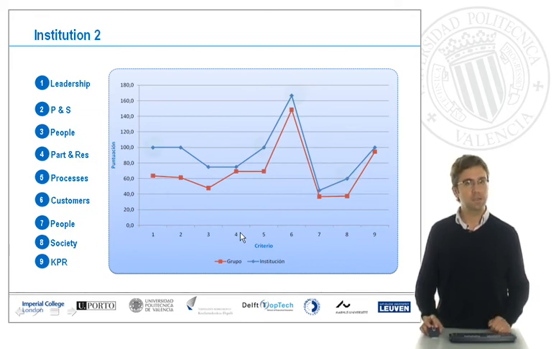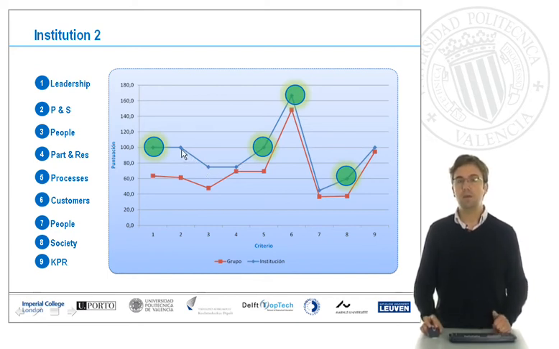We have here another case that is outperforming the group in nearly all the different criteria. We have selected here the most remarkable ones, but this institution is outperforming the group. So this could be a very good institution for a case study or for giving feedback to other institutions that perhaps are not so strong as this one.